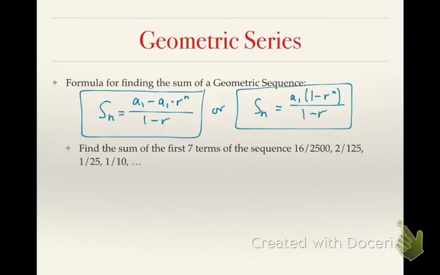So if I want to find out the sum of the first n terms, I need to know the first term, the common ratio, and then the number of terms. So notice in the geometric, I don't need to know what the last term is going to be. I know the first term is 16 over 2500.